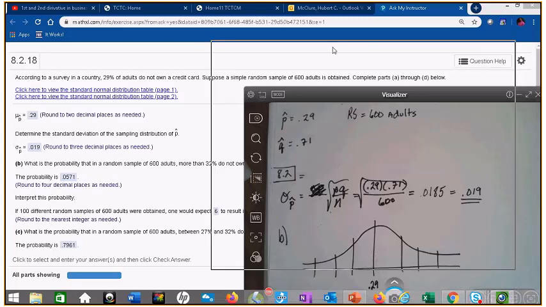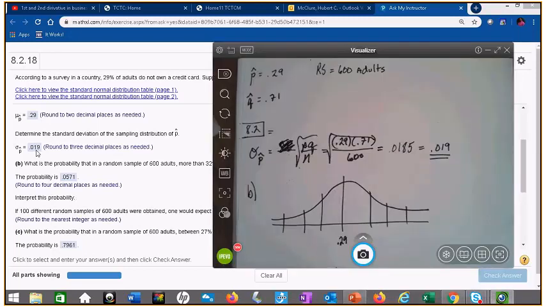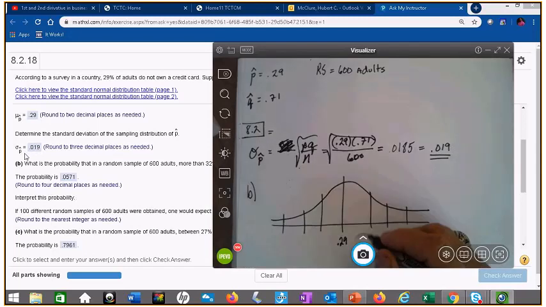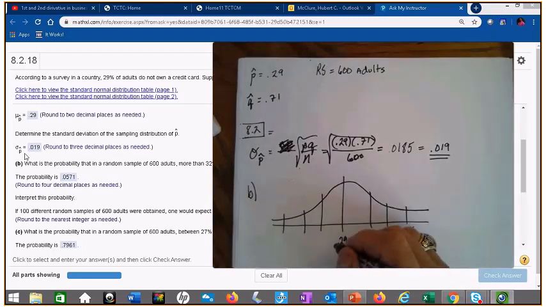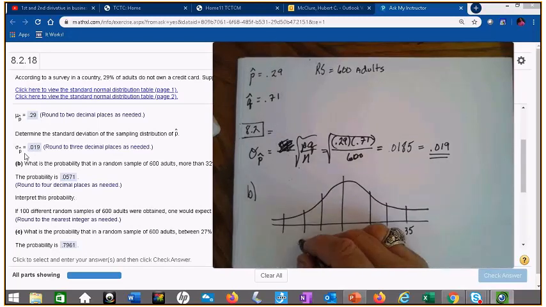So 29 plus 2 is 31, 31 plus 2 is 33, 35. I hope you understand what I'm talking about. Going down, that's 0.27, 0.25, 0.23. I think I did the math right.